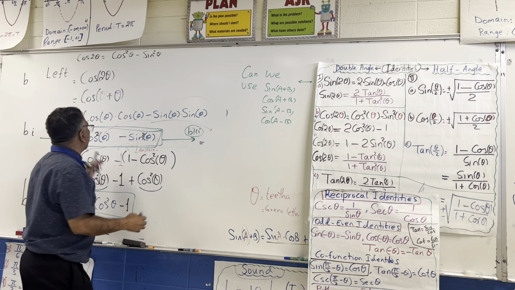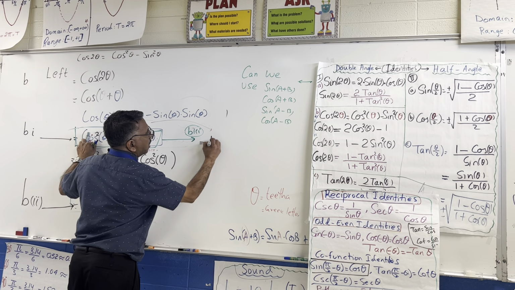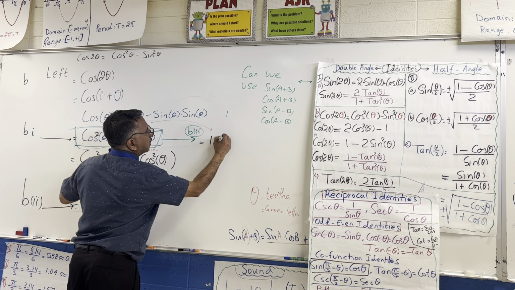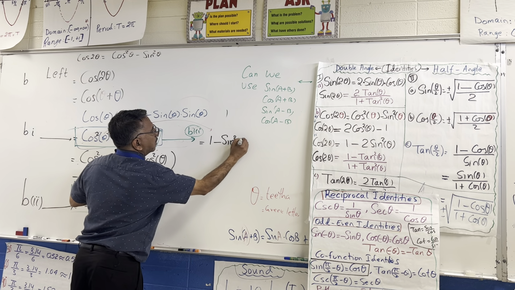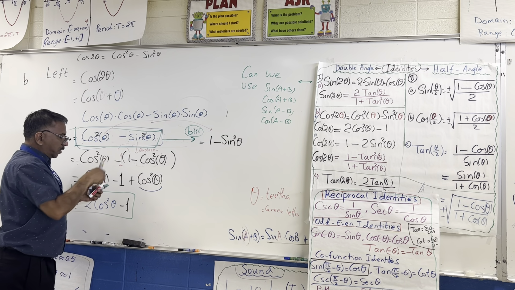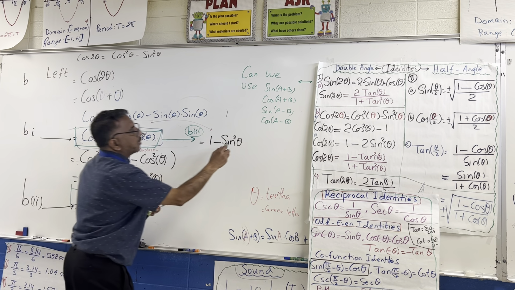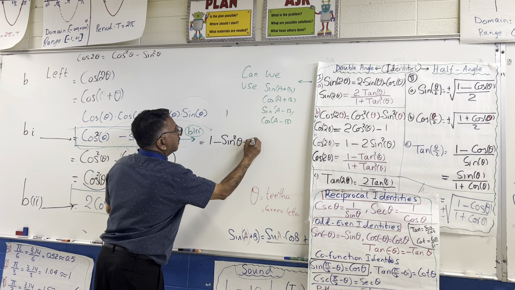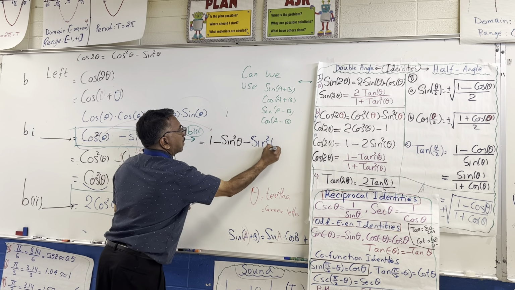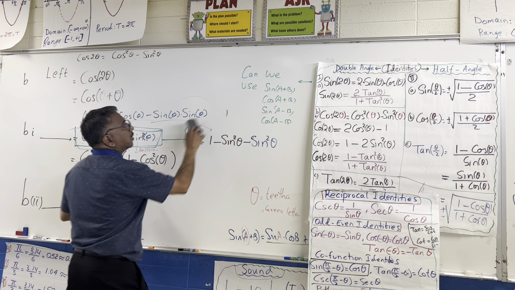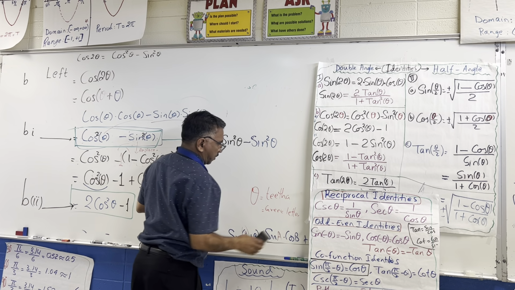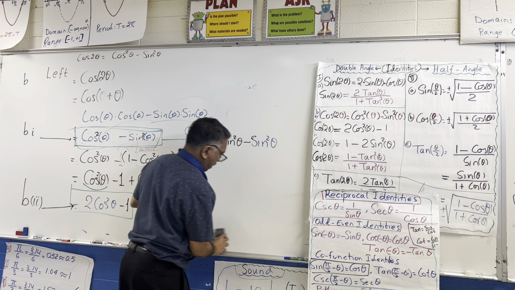So we can replace this cosine square with 1 minus sine square. And the blue one is already there, right? So that one I have a minus sine. Is that okay?